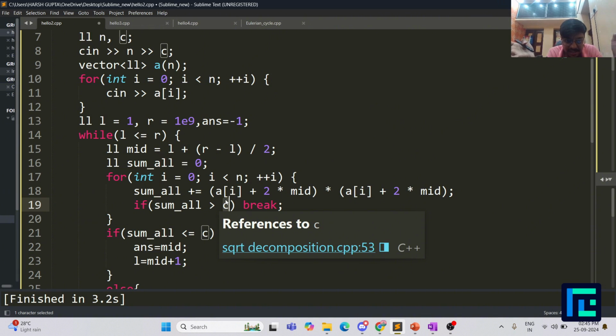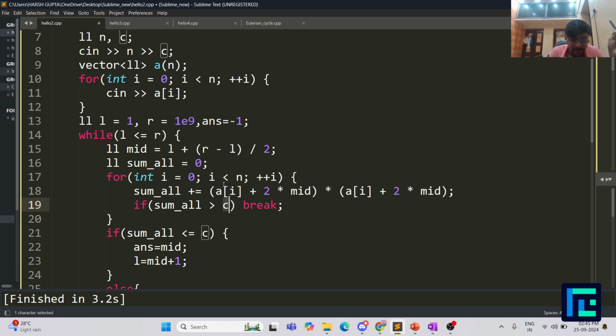So once it becomes greater than C, I am breaking, because if I continue from here on, I keep on adding the values and I get an integer overflow. So that's the reason once my sum all, that is the sum of areas of cardboard till now, becomes greater than C, I am simply breaking.